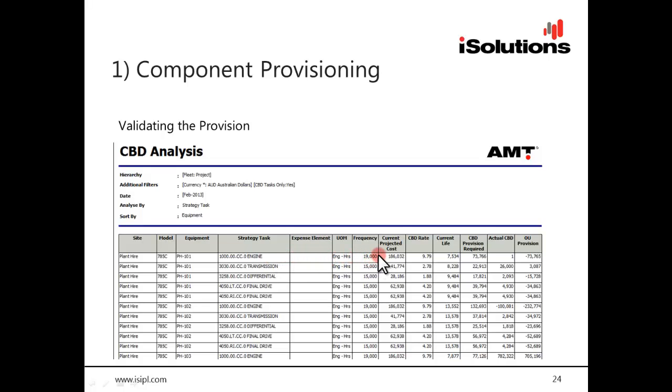It's got an expected life of 19,000 hours and a projected cost of 186,000. So it's got a cost rate of $9.79 an hour. It's currently got 7,500 hours on it, so that's the life of that component since it was last changed out.